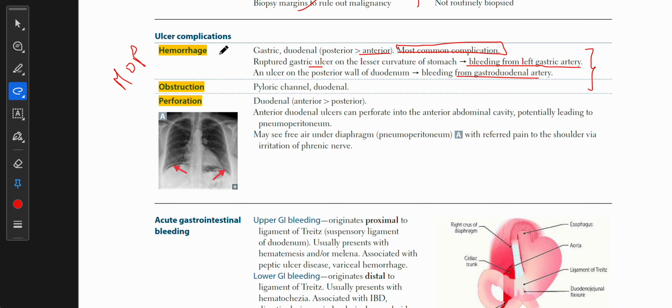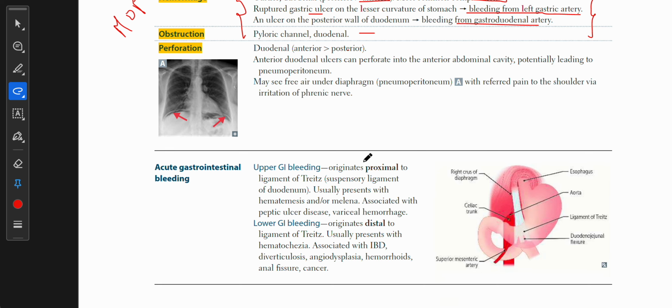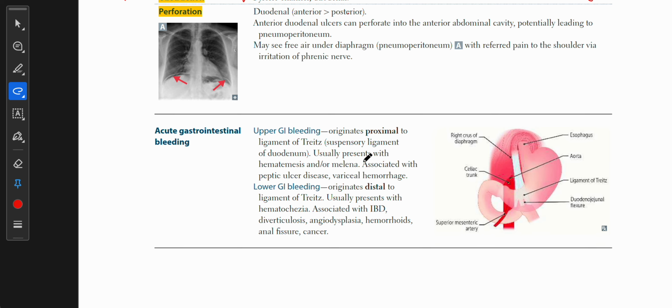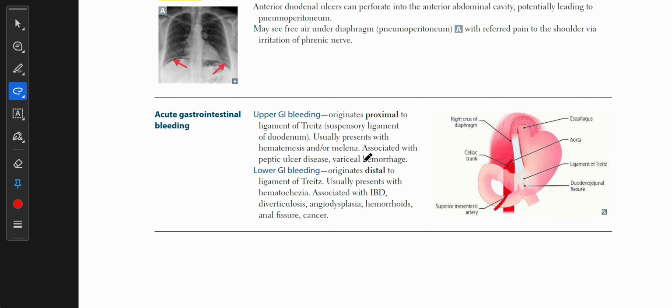In obstruction cases, there are pyloric channel and duodenal ulcers, and in perforation cases, duodenal, anterior greater than posterior. Anterior duodenal ulcers can perforate into the anterior abdominal cavity, potentially leading to pneumoperitoneum, with free air under the diaphragm, with referred pain to the shoulder via irritation of the phrenic nerve.